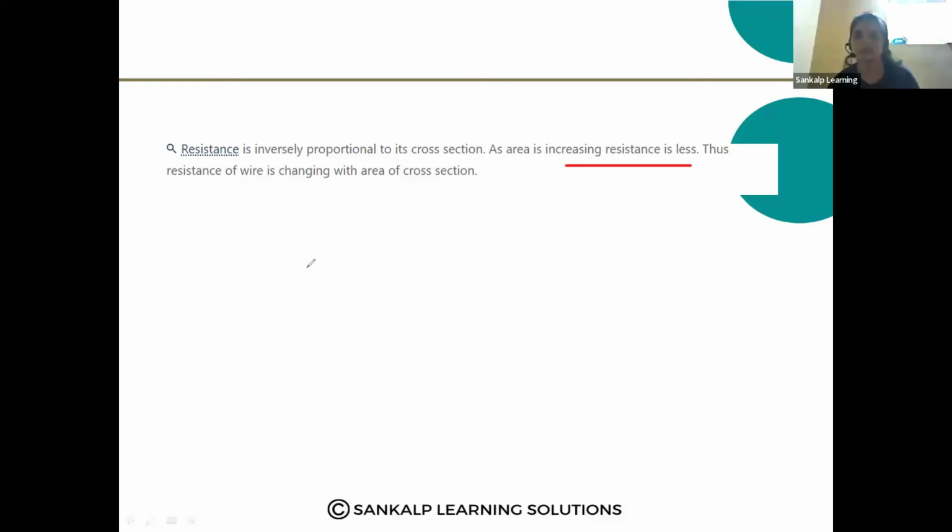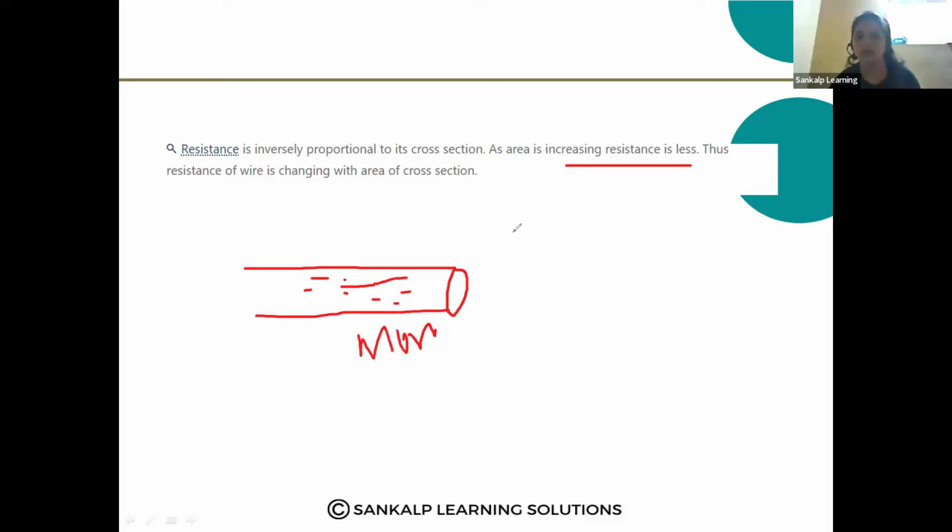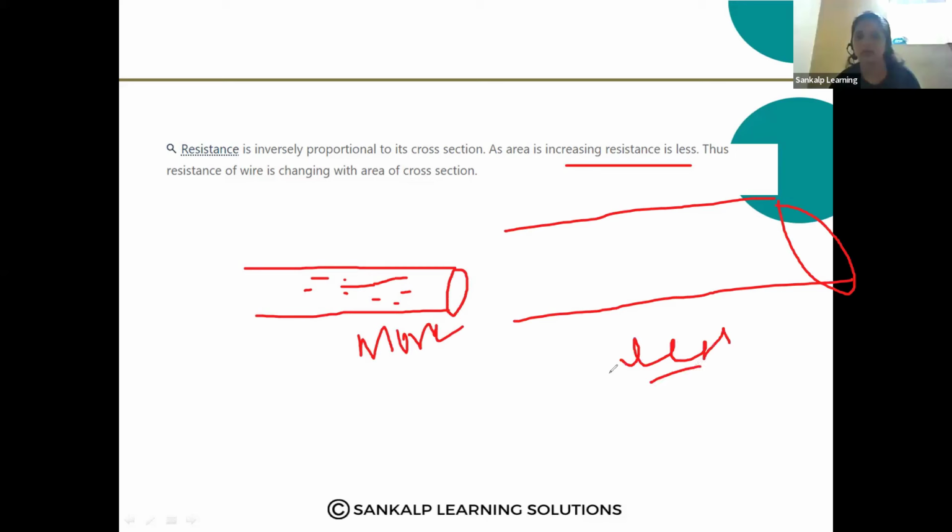Here the area is small, so resistance is more. If you increase this, then resistance will be less. So we can say that resistance is inversely proportional to its area of cross section.